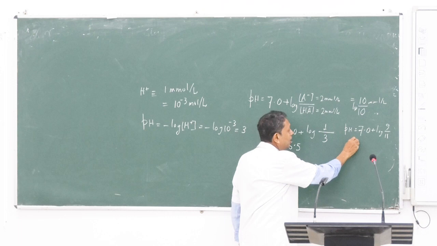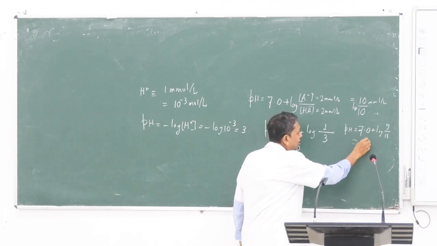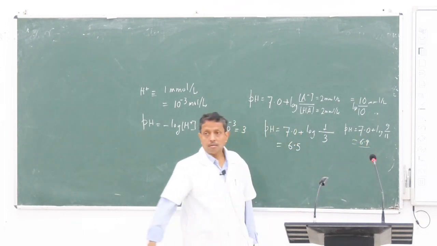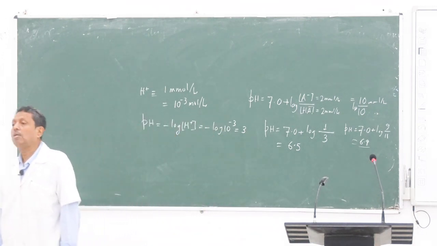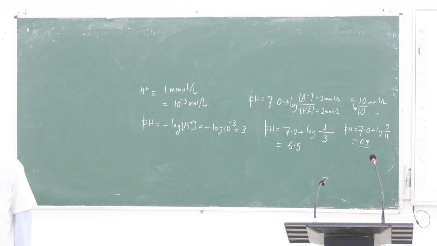It is almost equivalent to only 6.9. So it depends not only upon the pK value but also on the concentrations of the components that are present, the unprotonated form and the protonated form, their ratio.